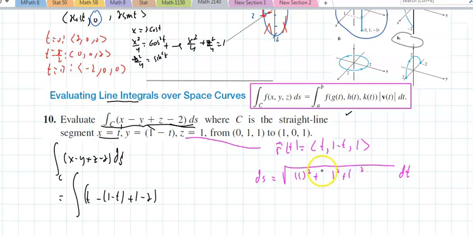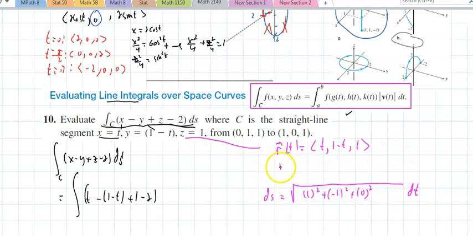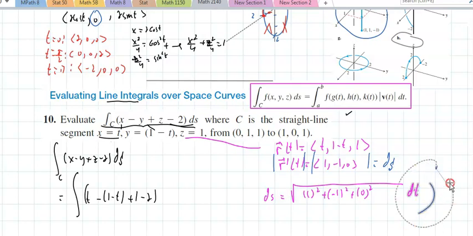You all see the benefit of that, right? So, when I take the magnitude of ds, I take r prime of t, that would be 1, negative 1, 0, and ds is actually the magnitude of that vector. And the dt is really part of the problem, not part of this.